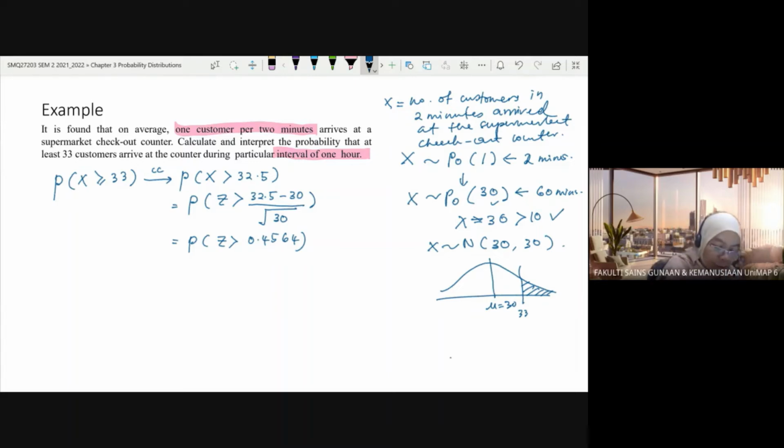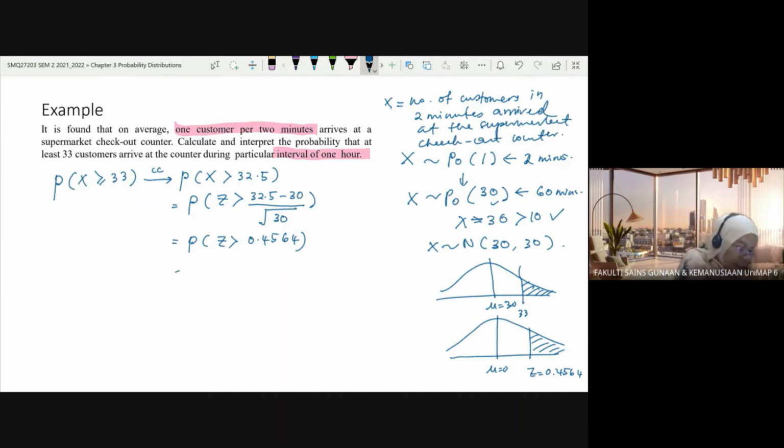If you transform this into the standard normal, the mean is equal to 0, and z is equal to 0.4564. This is where the probability region is.